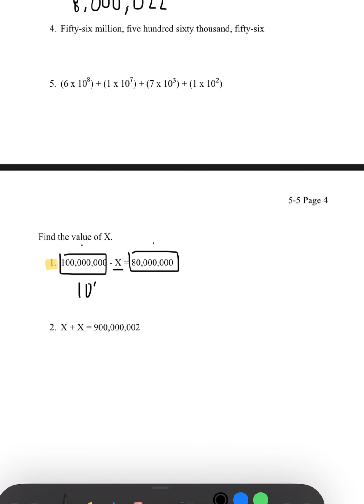So let's get 100 million minus 80 million. Then we get 20 million, right? And that's our answer.